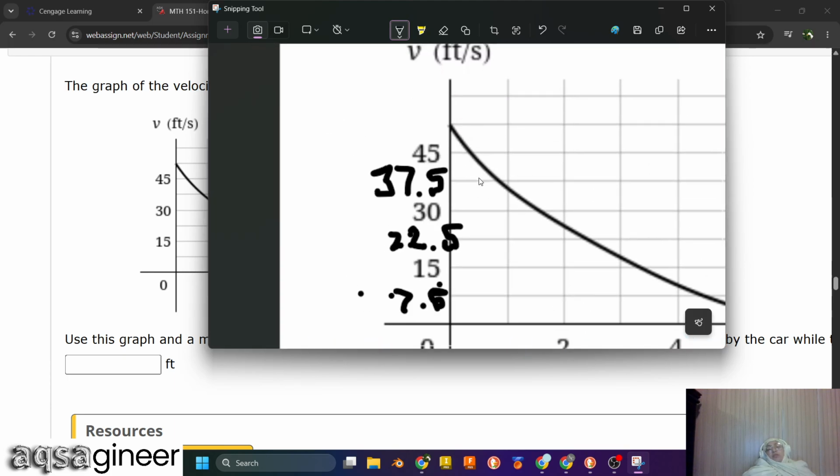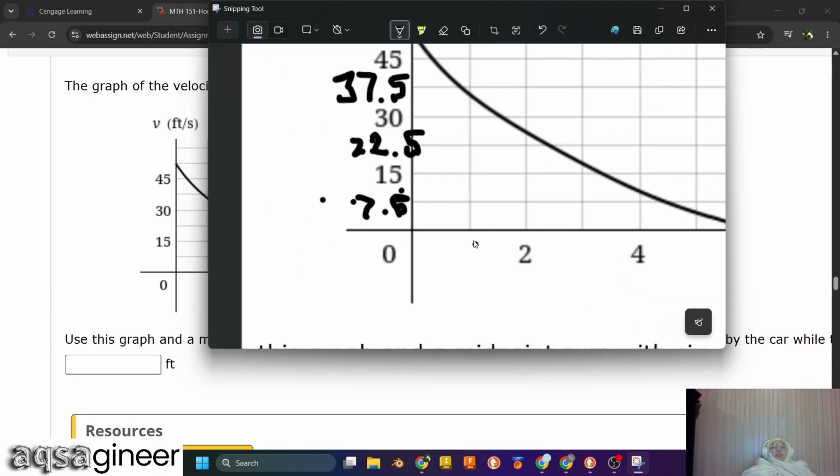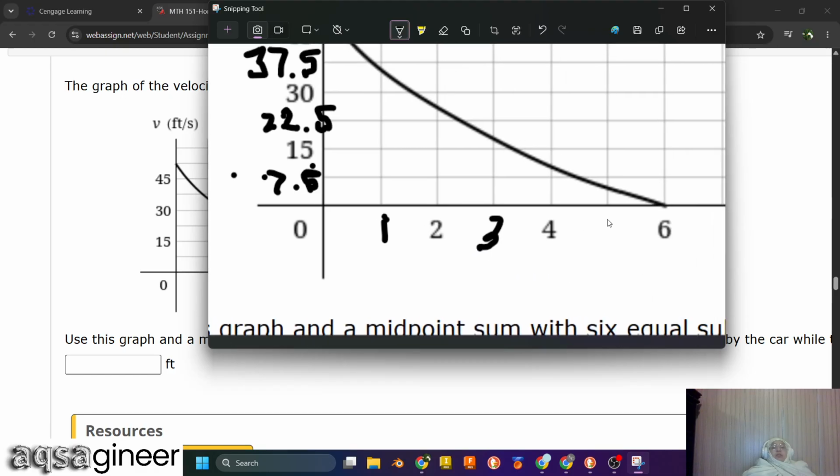A little bit better with the sensitivity. Alright, so now we need to just label our midpoints. Or, well, actually, we need to first label all our units. I don't know why they did that to confuse us. 4, 5, 6. So then, let's make our midpoints.